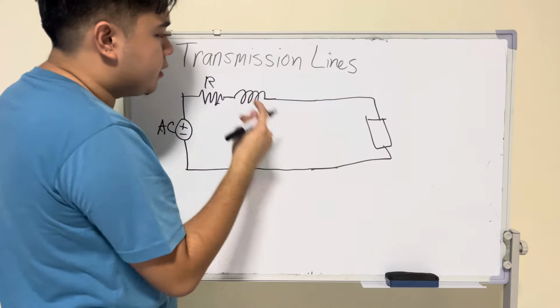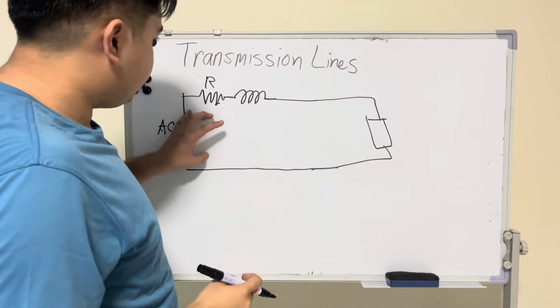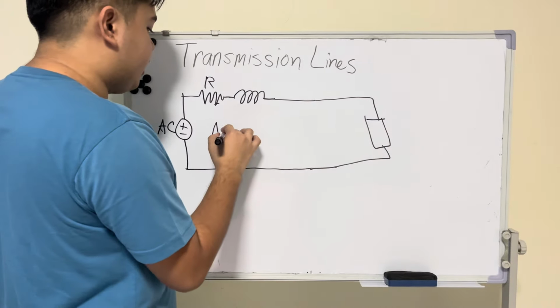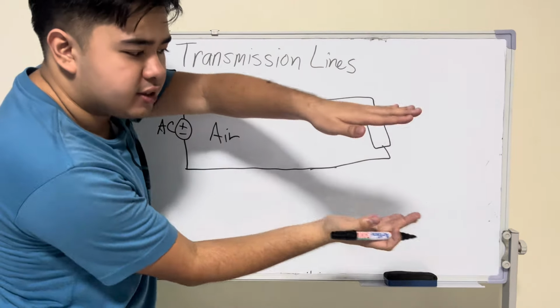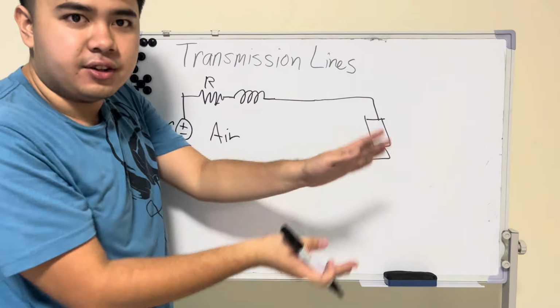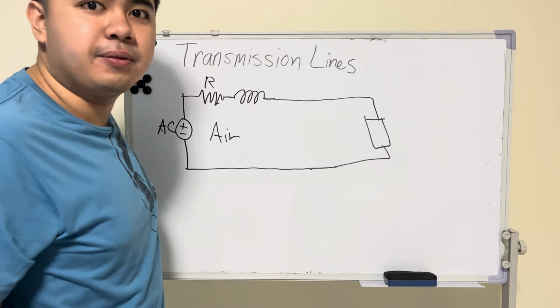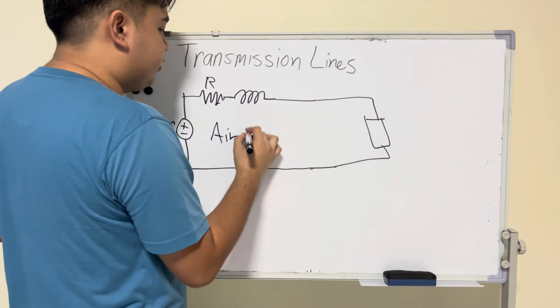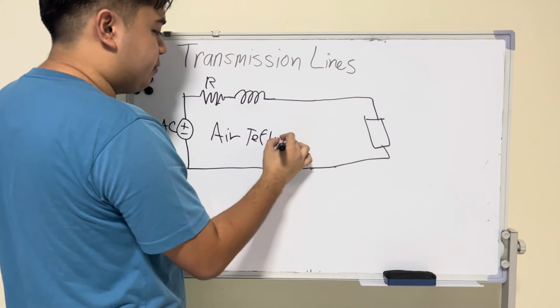Next, in between a transmission line is some sort of dielectric. Usually this is air. So that's just two wires held up like that, not without anything, but it has air in between them. But sometimes this can be Teflon. I've seen that once.